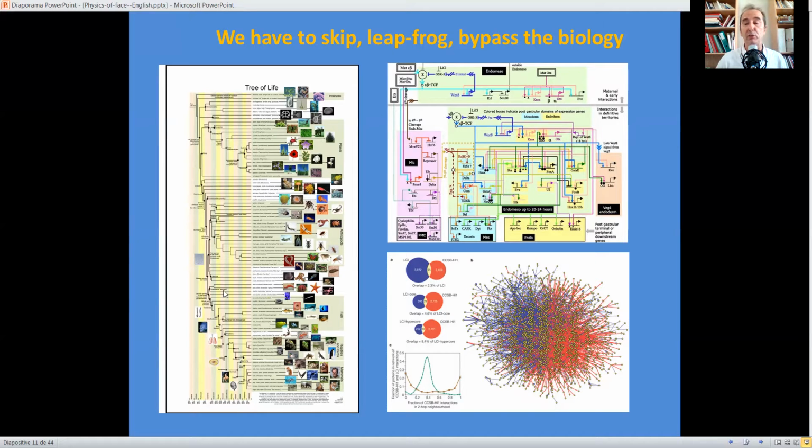If this is the tree of life, you have a lot of randomness in the evolution of animals, mostly due to mutations in connection to the biotope. And the biotope is just sort of random, and that selects animals and modifies the parameters.